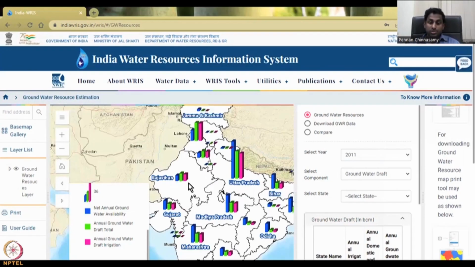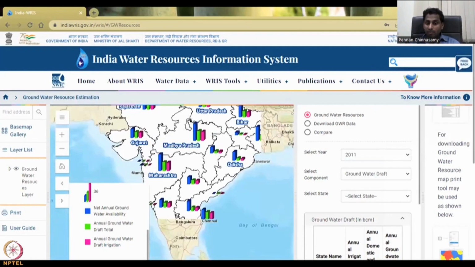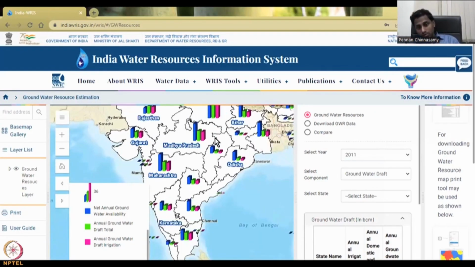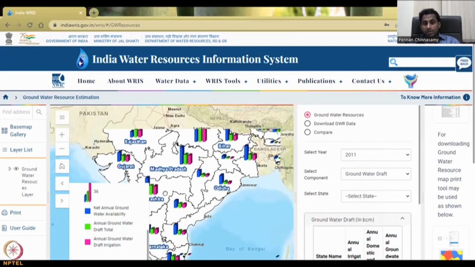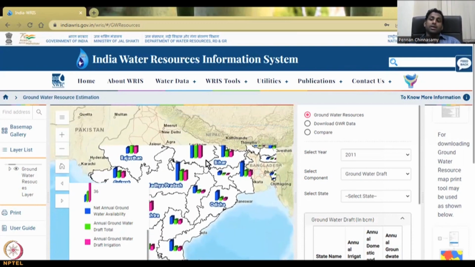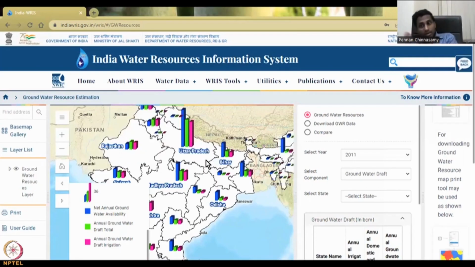There the green and the pink are almost at the same level, which means however much water you take, it is going to be used for groundwater irrigation. In Tamil Nadu, Karnataka, Andhra, Telangana and Maharashtra, where agriculture is very high, most of the groundwater is taken and used for irrigation.